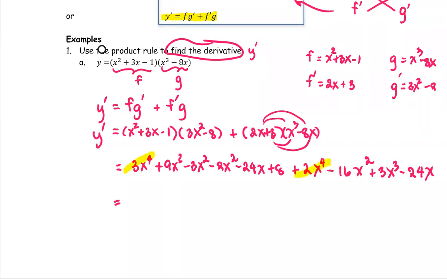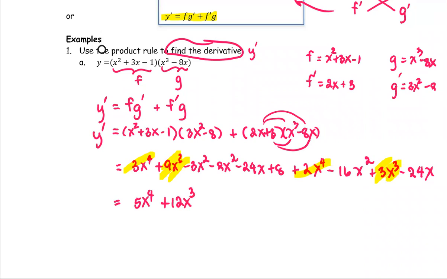So far we have 3x to the fourth added to 2x to the fourth. Combine these two and it becomes 5x to the fourth. Next, we group the power 3 together. The power 3 has 9x to the third and 3x to the third, and collecting these terms gives us 12x to the third.